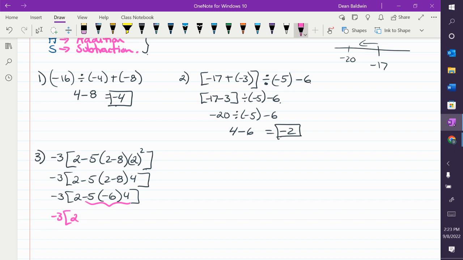Positive 30, right? Negative 5 times negative 6 is positive 30. What's 30 times 4? You can use a calculator. 120. Is it positive or negative? Positive. Positive 30 times 4 is positive 120.